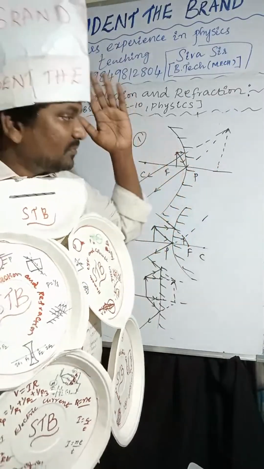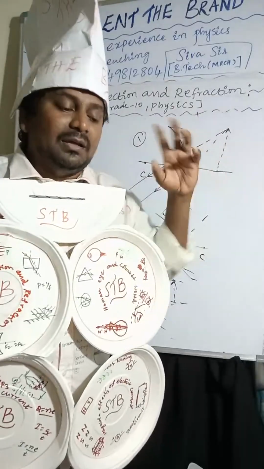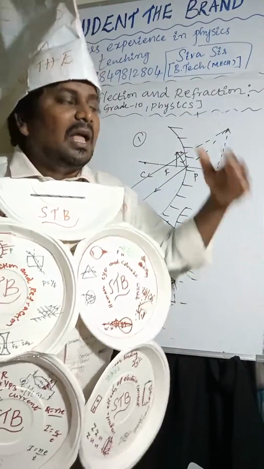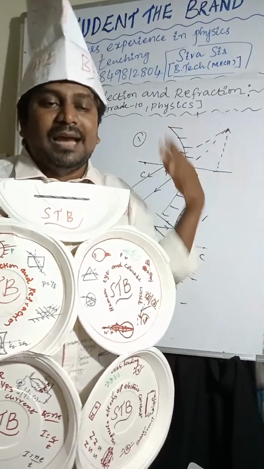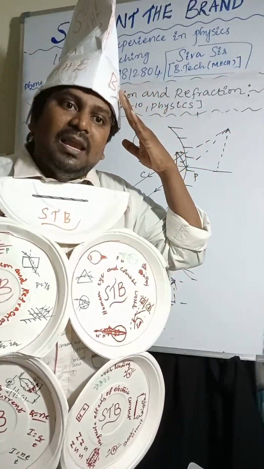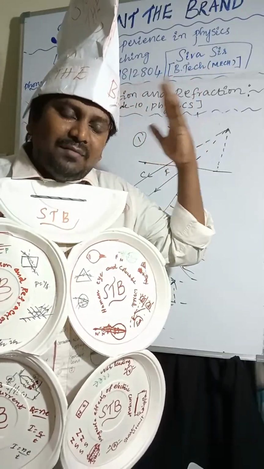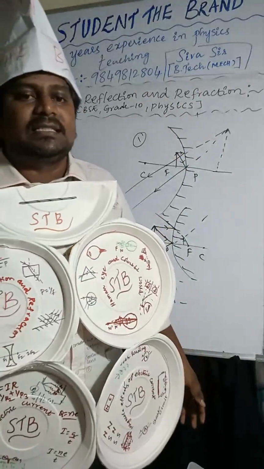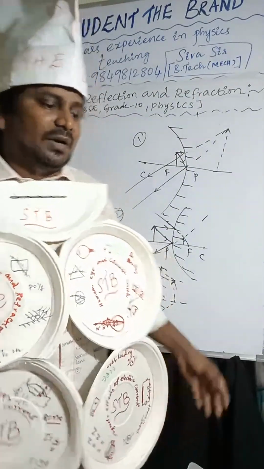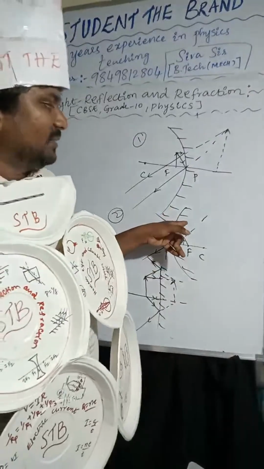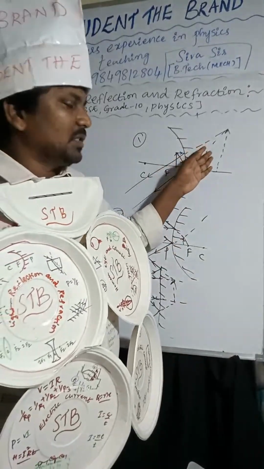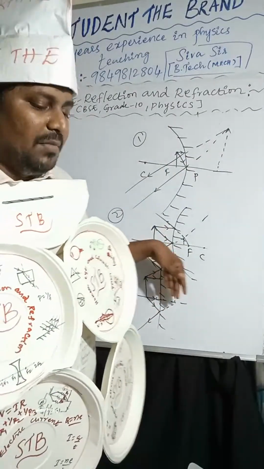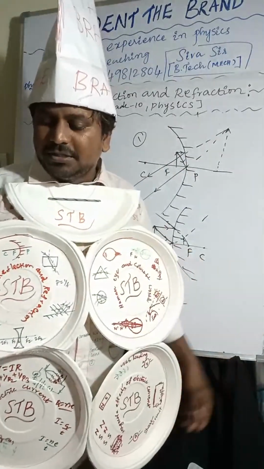Once again, the person standing in front of the mirror and looking into the mirror identified he has a small head, fat body, and normal size legs. So small head is convex mirror, fat body is concave mirror, and normal size legs is a plane mirror. I hope it is very clear to all.